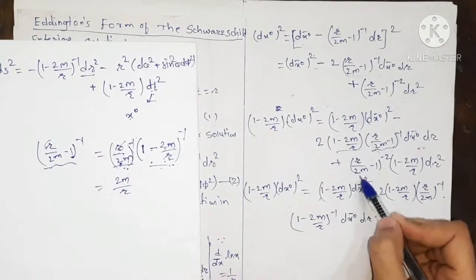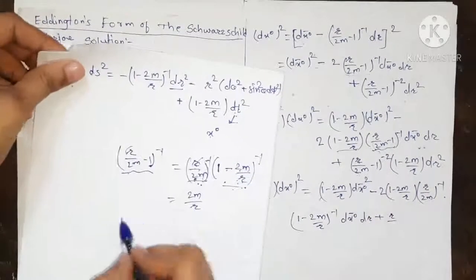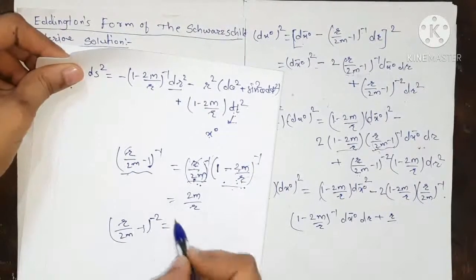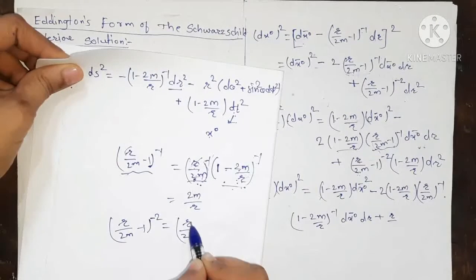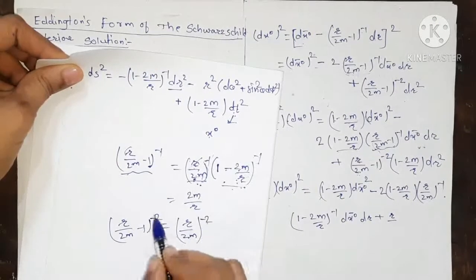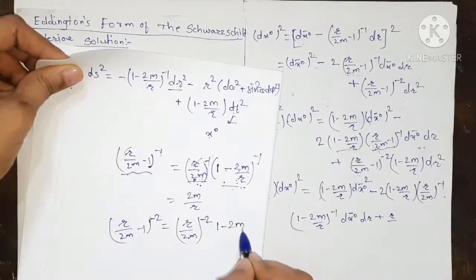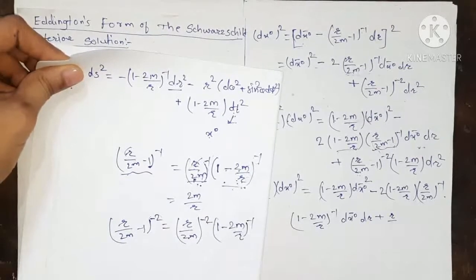if we take the common from this bracket, taking r upon 2m minus 1, its power minus 2. If we take the common r upon 2m and the bracket whole to the power minus 2, inside the bracket we have 1 minus 2m upon r, its power minus 2.